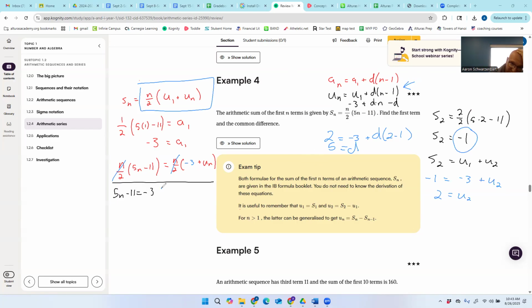So now I've got -3 plus D. U sub n is going to be U5 here, equals -3 plus 5 times 5 minus 1.